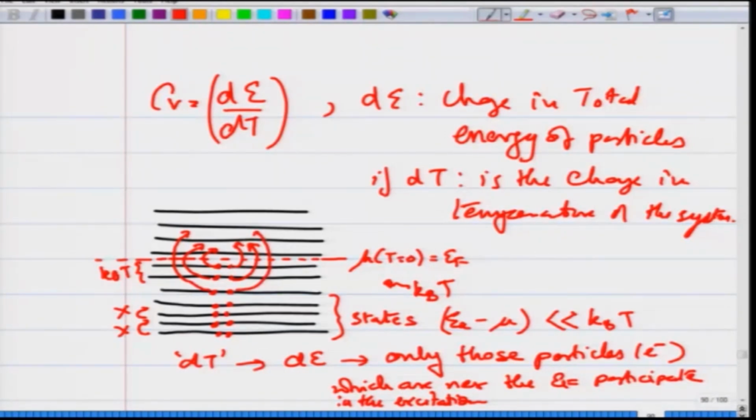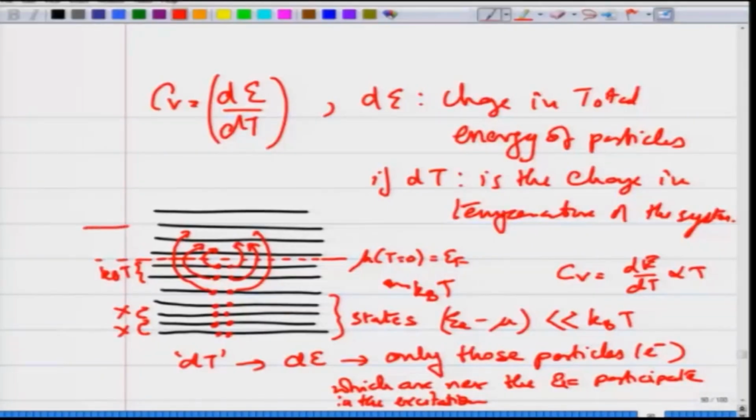And therefore, the specific heat becomes a function of temperature. The specific heat, which is the rate of change of energy as a function of temperature, becomes proportional to temperature, because as you increase the energy, you start accessing more and more states below the Fermi level which can be excited to above the Fermi level.